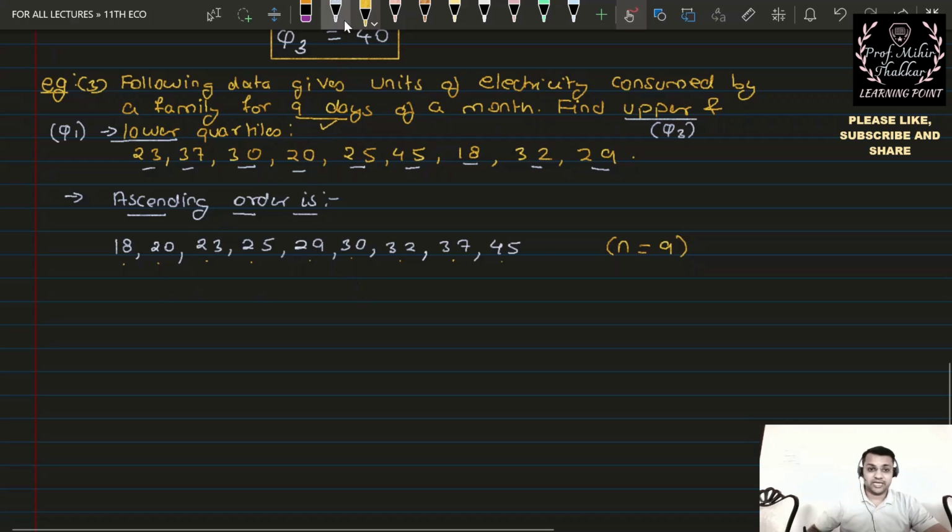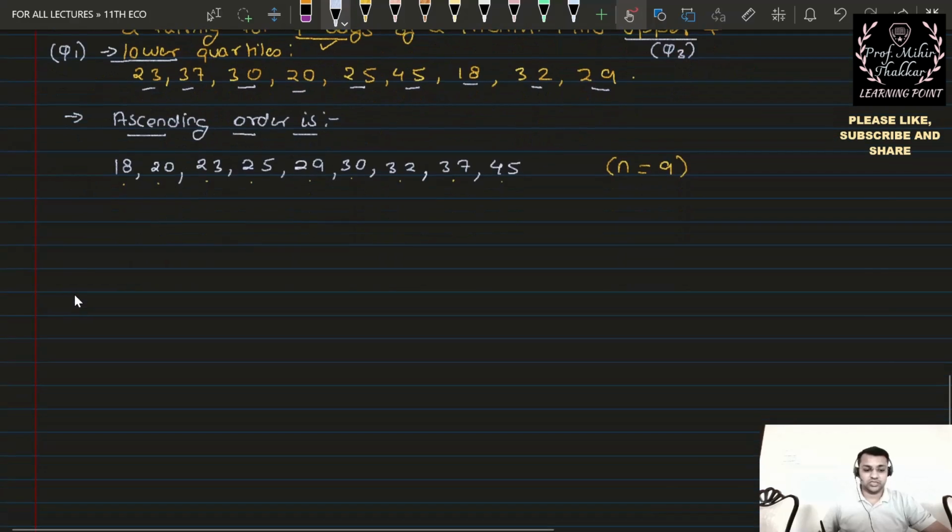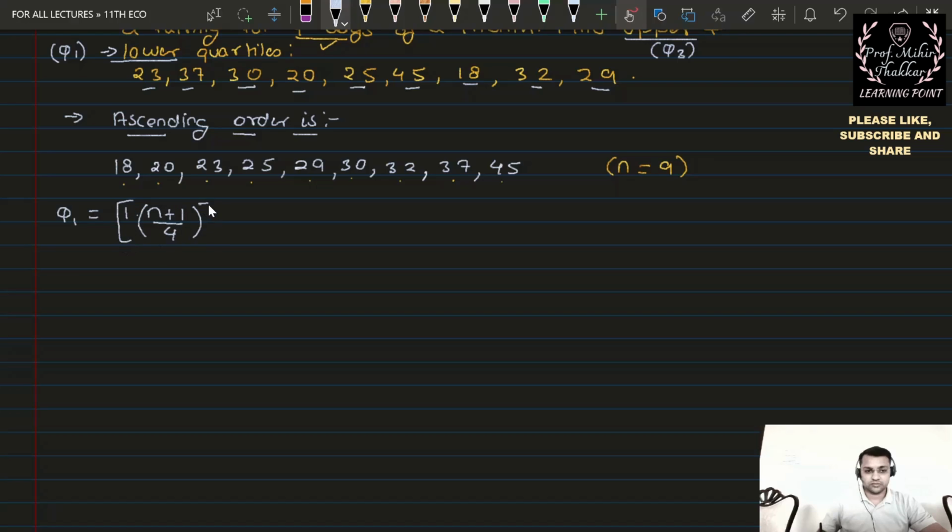So let us apply the formula for Q1 and Q3 to the ascending order in this example. Q1 is 1 into (n plus 1) upon 4th observation, which over here is equal to 9 plus 1, 10 upon 4th observation, which is the 2.5th observation.